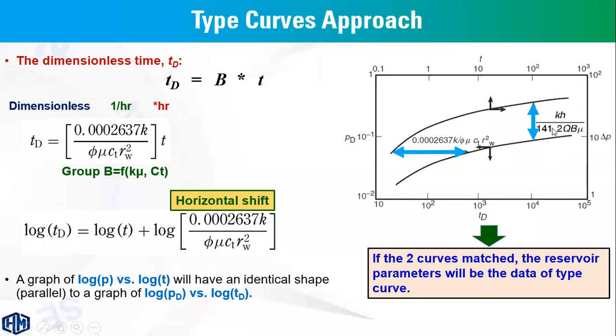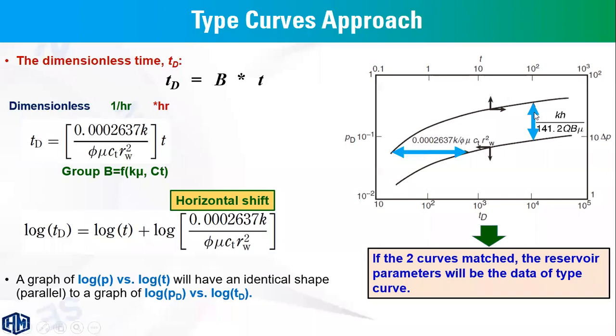Simply, if we do type curve matching, we overlay the plot of dimensionless pressure versus dimensionless time with the plot of pressure difference versus time in the same plot, so we have two curves. If the two curves are matched together, that is the process of type curve matching.